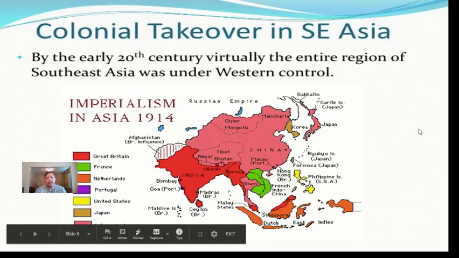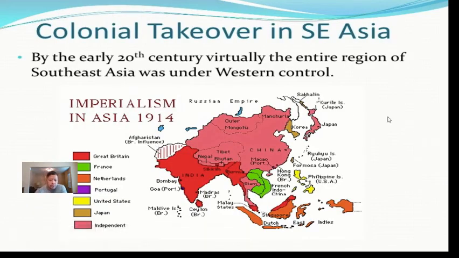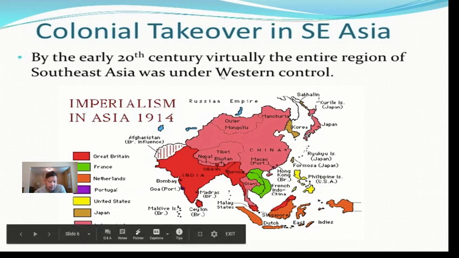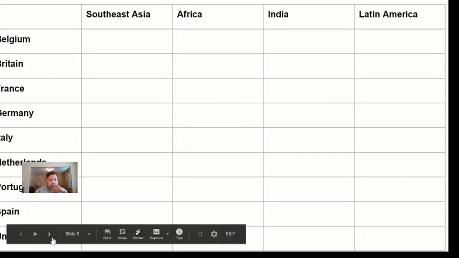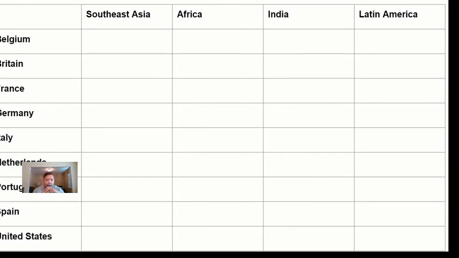For the following slides, I need you to study the maps here. This is the colonial takeover in Southeast Asia in the early 1900s. And also study this map right here. Okay. Now, what you're going to do, since this is in Google Drive, and I'm going to share this slide also with you along with this presentation, make a copy of it so you can fill out this chart.